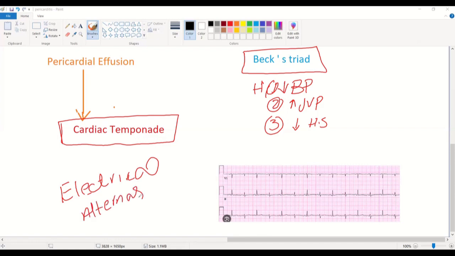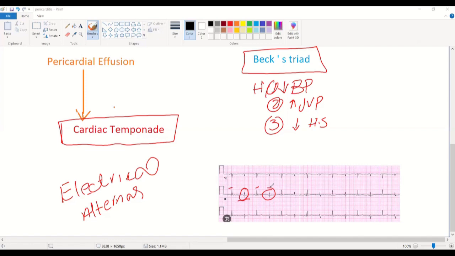So they give you the ECG of electrical alternans and you have to identify it. There is a variation in the amplitude of the QRS complex. Here the QRS complex decreases, here it increases, increases, decreases. This variation in the QRS complex is electrical alternans.